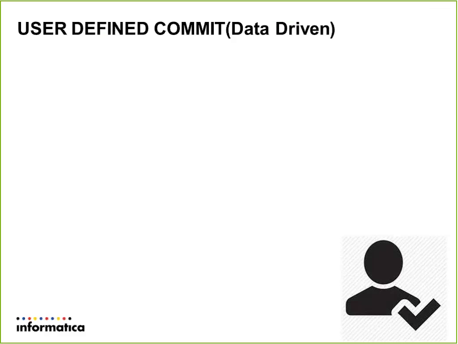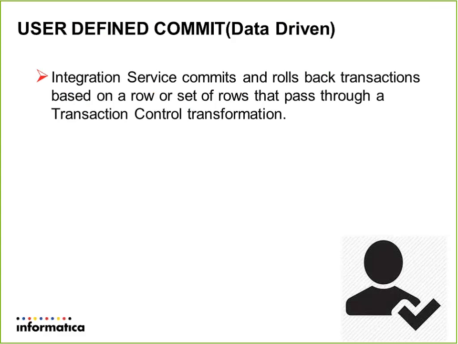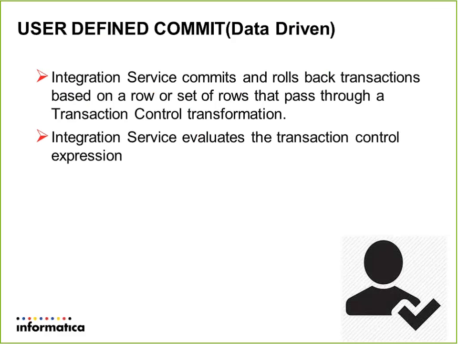Now let us move to user-defined commit session. During a user-defined commit session, the integration service commits and rolls back transactions based on a row or set of rows that pass through the transaction control transformation. The integration service evaluates the transaction control expression for each row that enters the transformation.